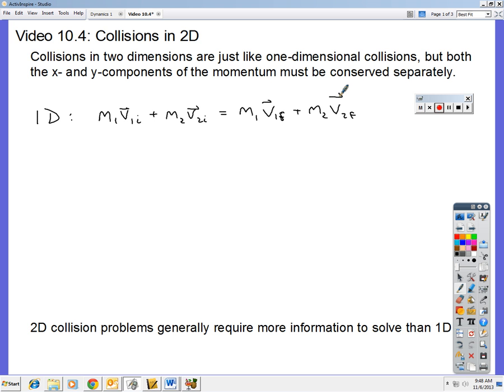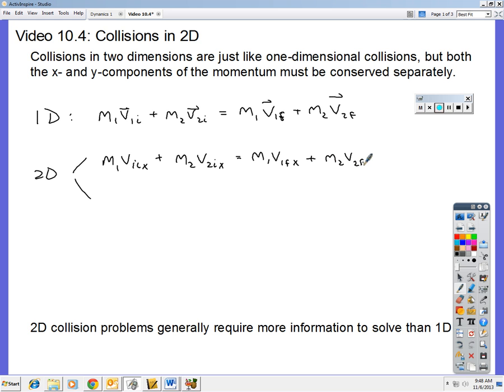That's still going to be true for two dimensions, but the fact that it's a vector equation means that it gets split up into two parts. You have m1 v1ix plus m2 v2ix equals m1 v1fx plus m2 v2fx. I should not be writing the vector signs there because the x component of a vector is not a vector in itself.